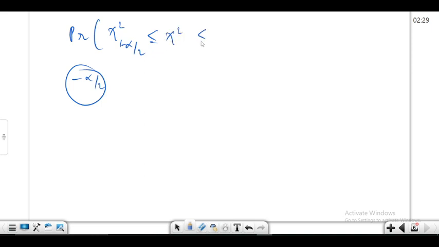So the confidence interval would look like this: the probability that chi square 1 minus alpha by 2 is less than the chi-square statistic, which is less than chi square alpha by 2, is equal to 1 minus alpha. This is the probability of my chi-square statistic lying in this interval.